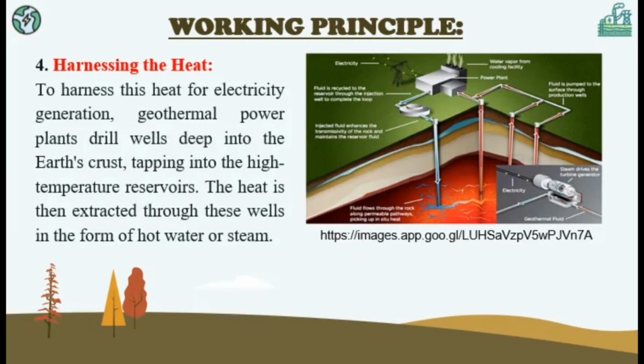So the next one would be harnessing the heat. To harness this heat for electricity generation, geothermal power plants drill wells deep into the Earth's crust, tapping into the high-temperature reservoir. The heat is then extracted through these wells in the form of hot water or steam.